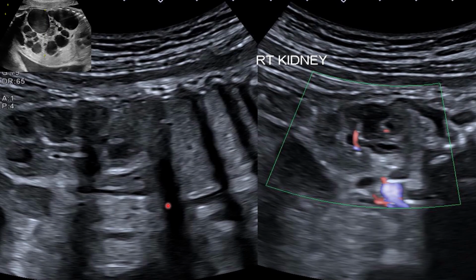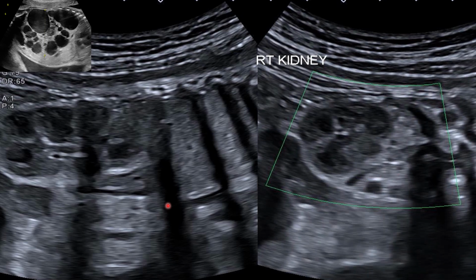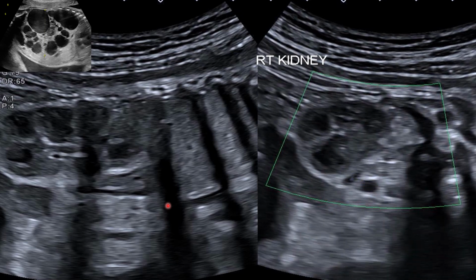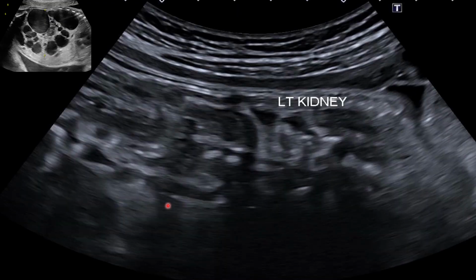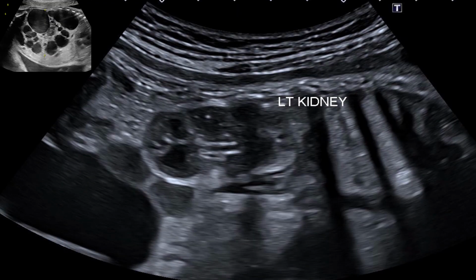You can also see nephrocalcinosis or duplicated ureter. Megacystis can also be one of the things that you can exclude. So by merely demonstrating a fetal kidney, this kidney tells a lot of things because you can exclude a lot of pathologies.